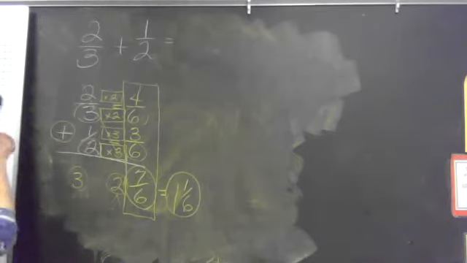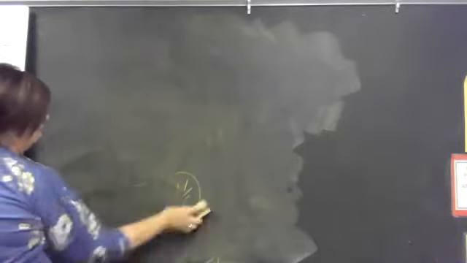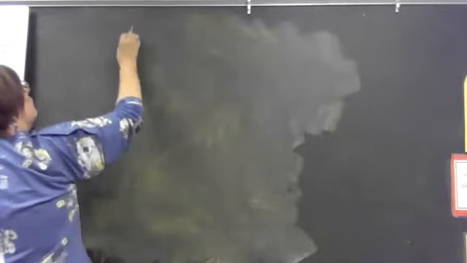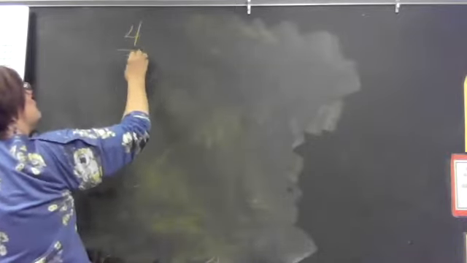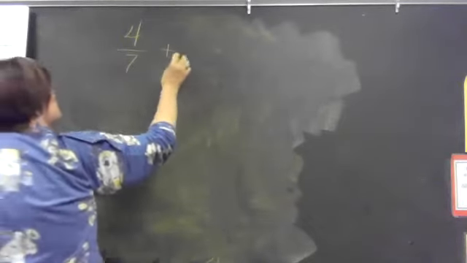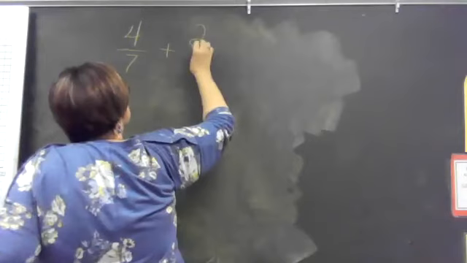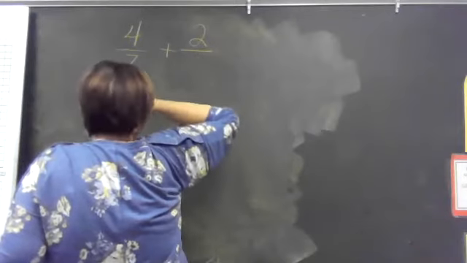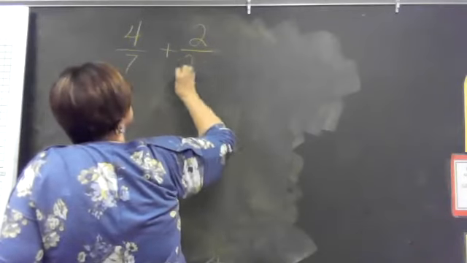Okay, let's do another one with a little bit bigger denominator. Let's do 4/7 plus 2/21.